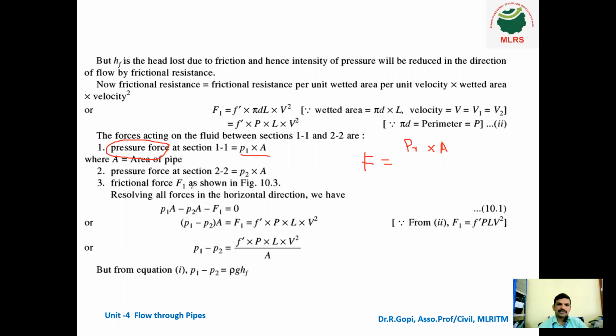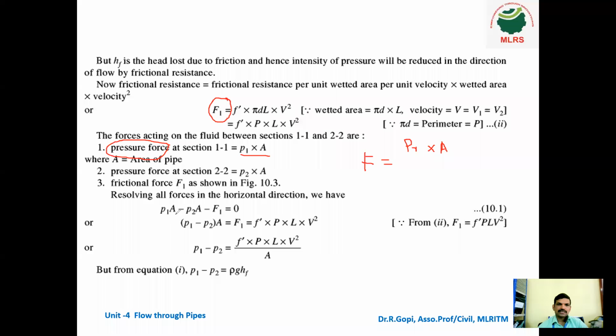Next, the frictional force F1 is shown in the figure. How to calculate the frictional force? We already calculated F1 here. Now, considering the equilibrium equation, resolving all the forces in the horizontal direction, we have P1A minus P2A minus F1.